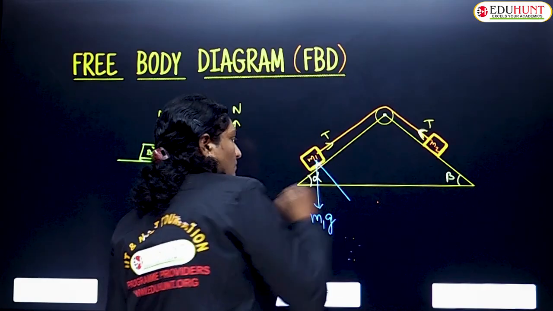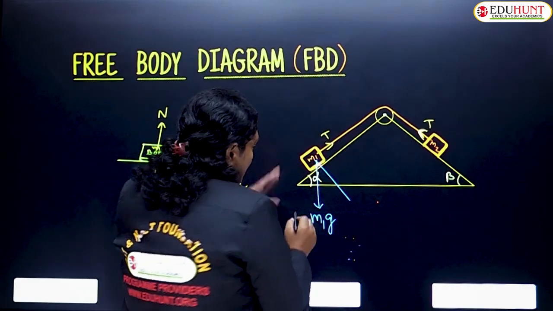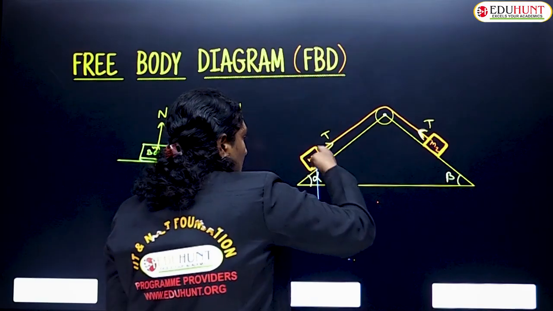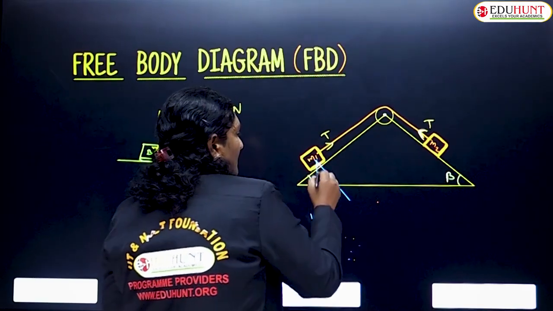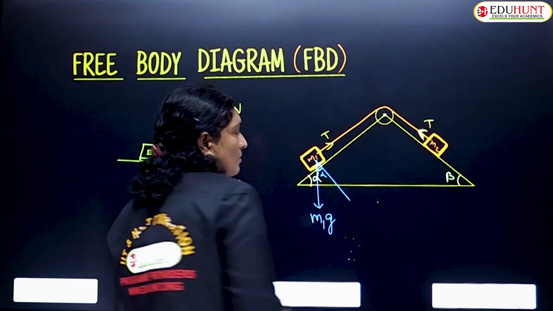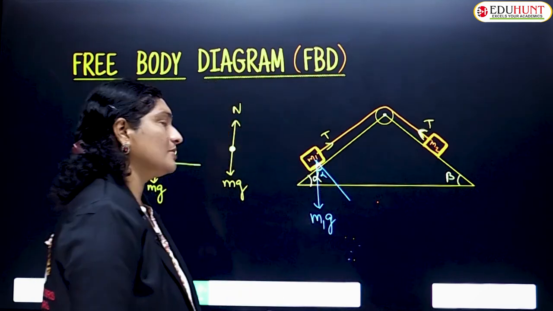As the angle between these two lines is alpha, the angle between the two perpendiculars will also be alpha. A perpendicular drawn to this and a perpendicular drawn to this, so the angle between them will also be alpha.